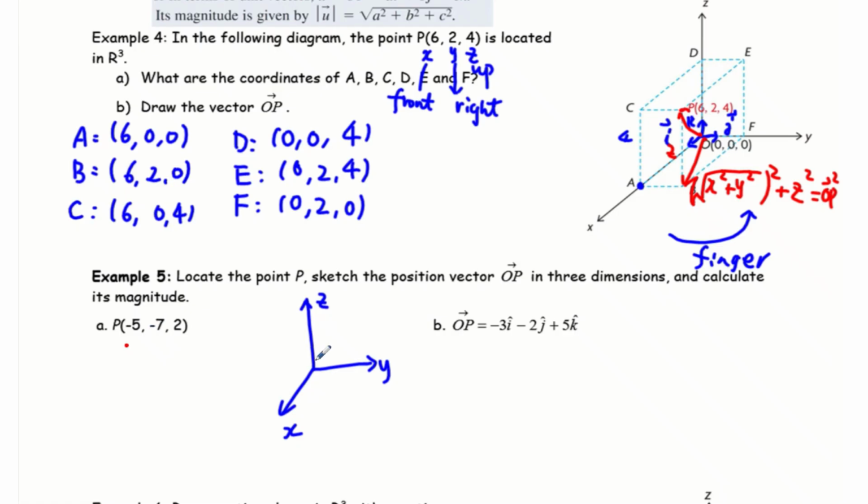Then -5 means go into the page. -7 is go to the left 7, then up 2. So this is your P. So it's inside the page 5, then go left 7, then go up 2. And the vector is just from O to P.